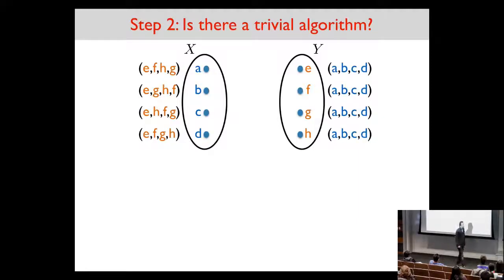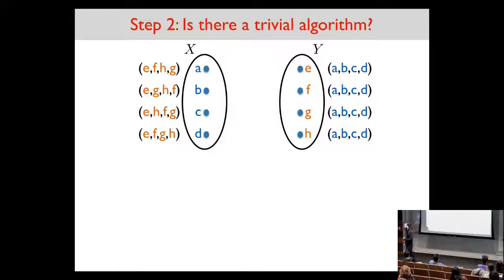We're going to answer that question, but let's go to step 2: is there some trivial algorithm that solves this? You're not worried about time complexity at all, you just want something. What would you do?